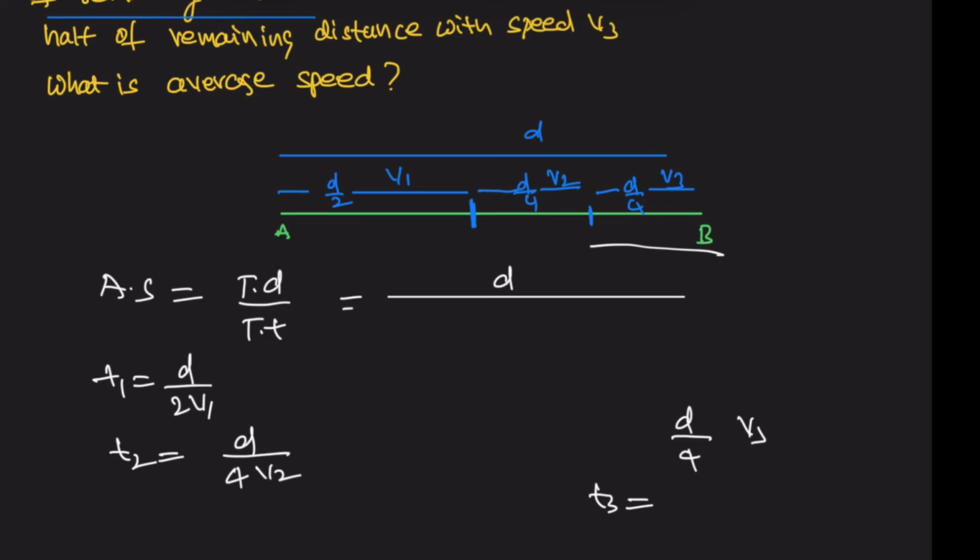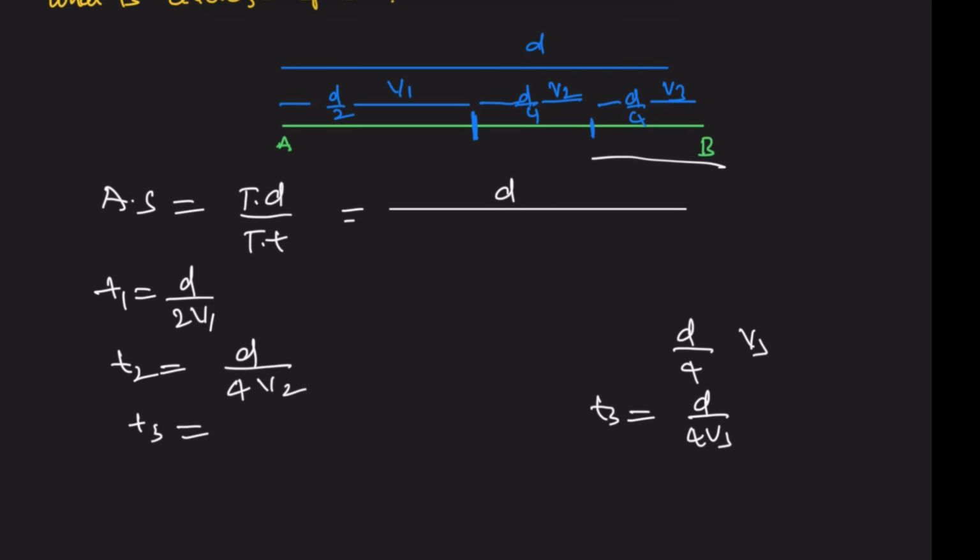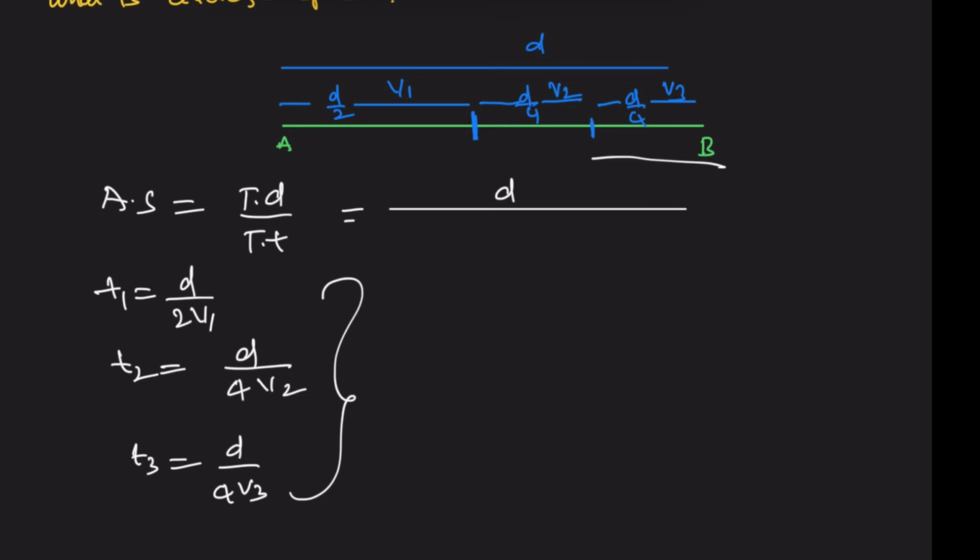Time 3 is distance by speed, so time t3 is D by 4 V3. So what is the total time? Now the total time is D by 2V1 plus D by 4V2 plus D by 4V3.